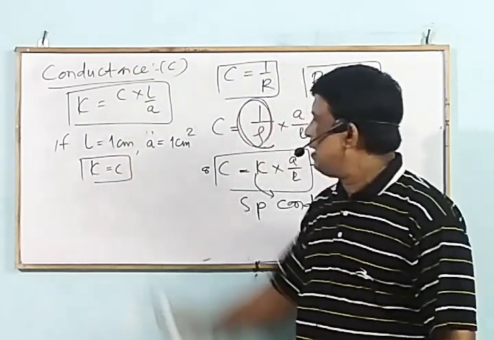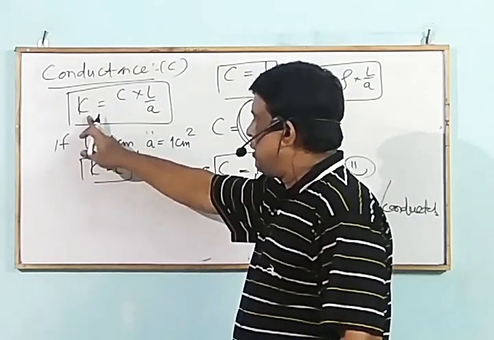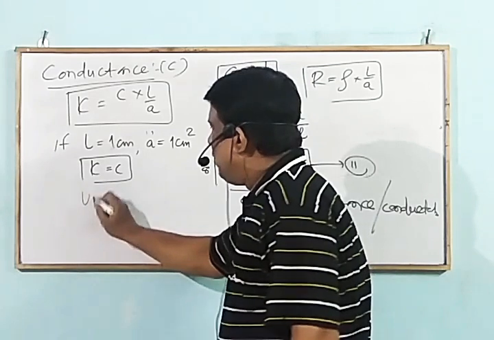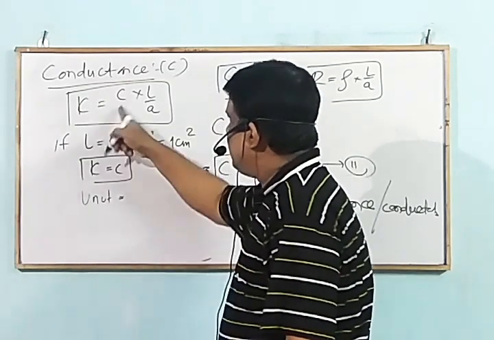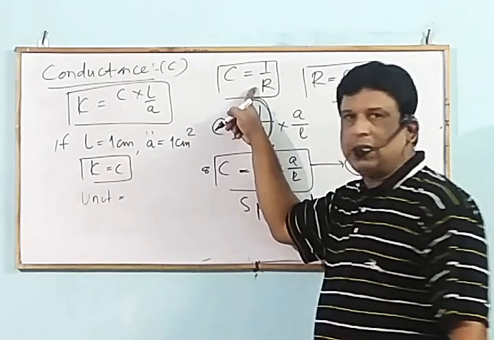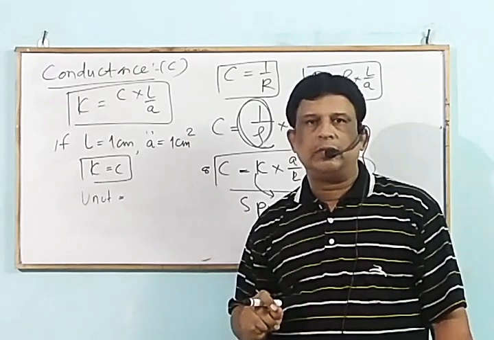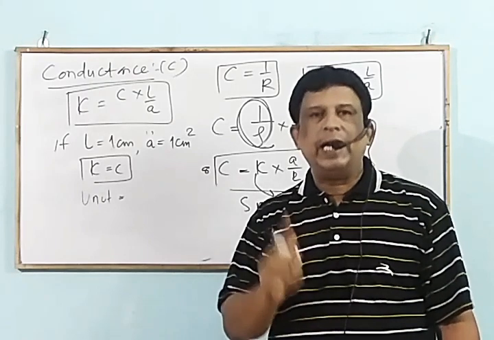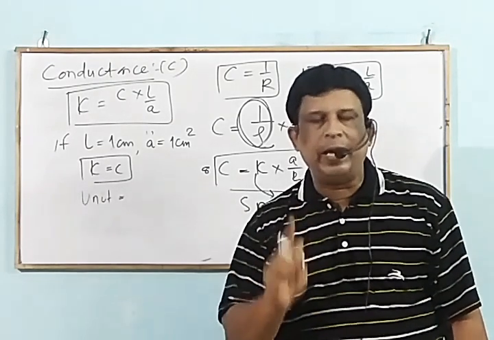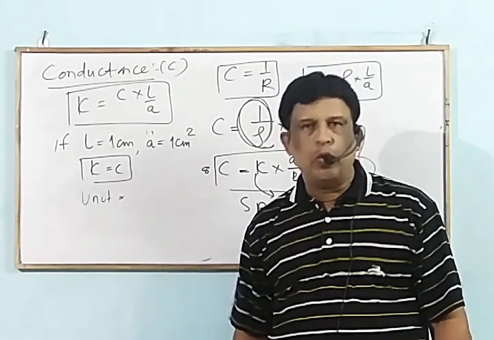From this definition, we have to calculate the unit of specific conductance. Conductance C is normally the reciprocal of resistance. The unit of conductance is ohm inverse. In the SI system it is Siemens, S, where 1 S is equal to 1 ohm inverse.